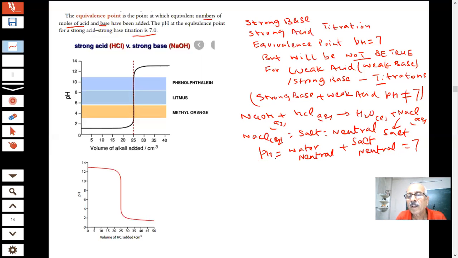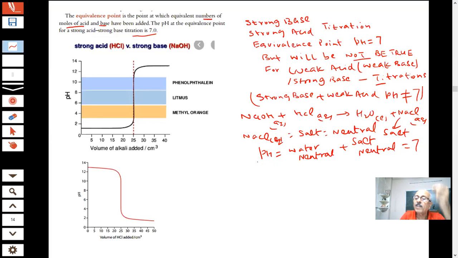You understood how we are drawing the pH titration curve? I am taking alkali in the burette, I am taking acid in a conical flask or a beaker, and I have a pH meter. The pH meter will record the pH value. The starting point, a strong acid of 0.1 molar, will have a pH of 1.